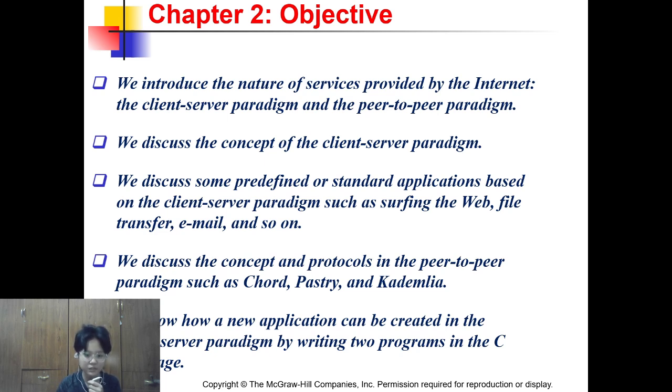We discuss the concepts and protocols in the peer-to-peer paradigm, such as Chord, Pastry, and Kademlia. We show how a new application can be created in the client-server paradigm by writing two programs in the C language.